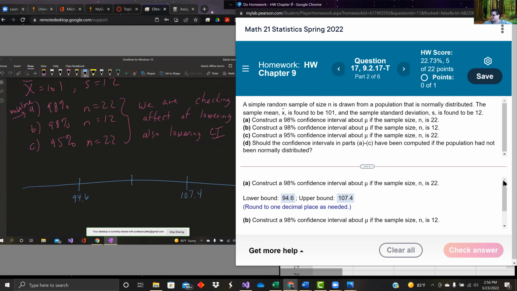I know my mean is in the middle, which was 101. So those values were part A. That's our baseline. All right, let's come over here and check B and C.